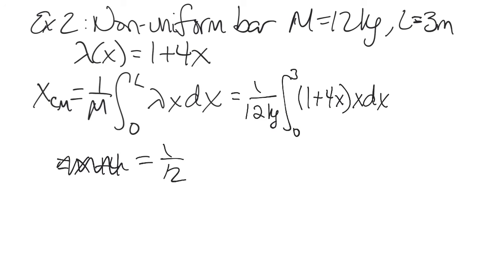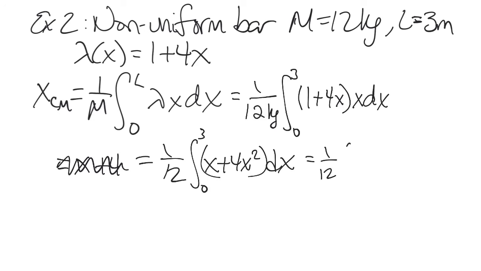So we have x plus 4x squared, 1 over 12, integral of x plus 4x squared dx, 0 to 3. So we have 1/12 times x squared over 2 plus 4x cubed over 3, evaluated from 0 to 3.